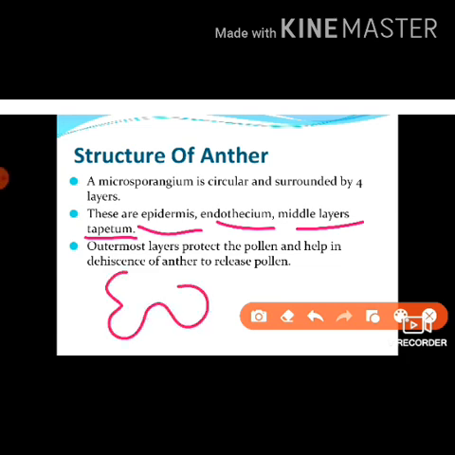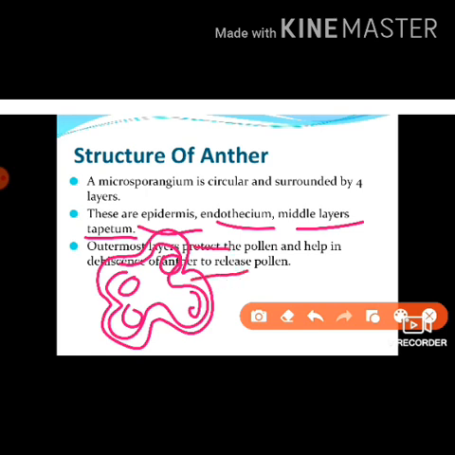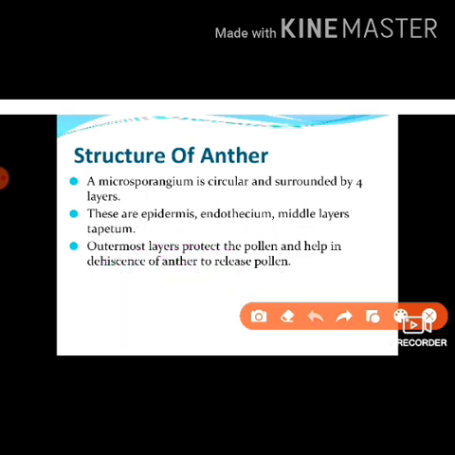If I draw the diagram like this, it contains four layers. The outer one is epidermis, next to that endothecium, next to that the middle layers, and this is the tapetum. This is the structure of the anther, or we also call it microsporangia.